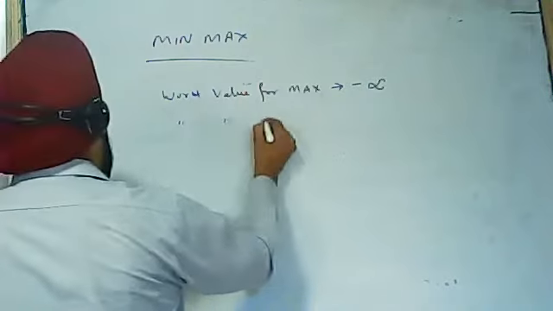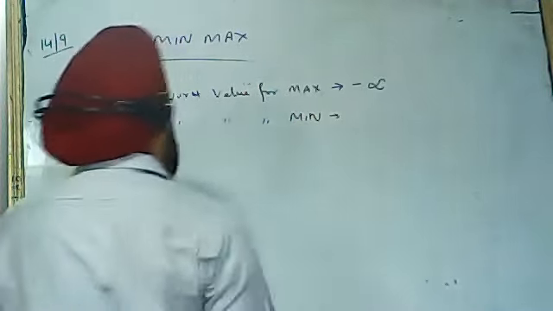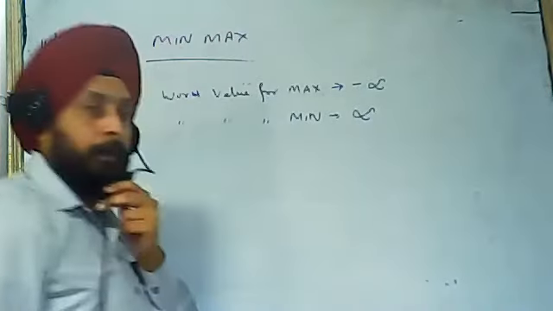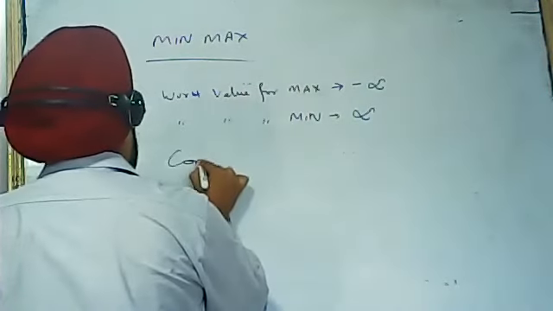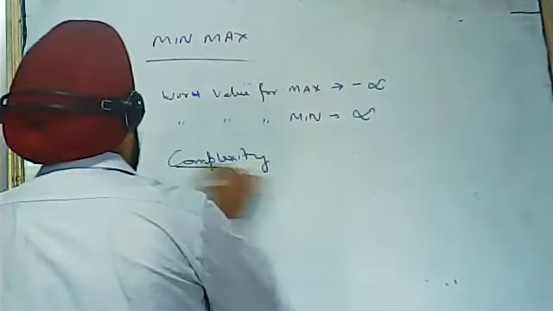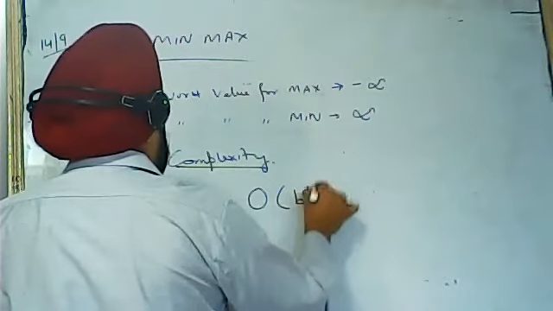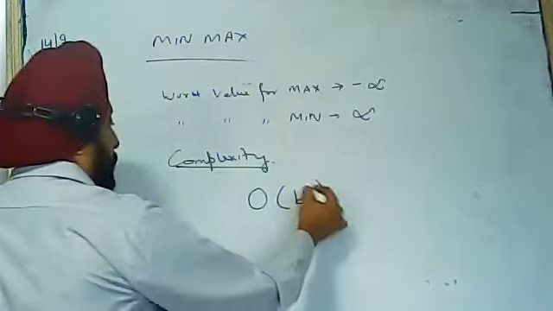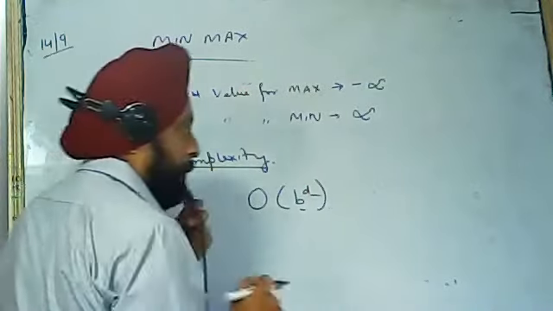The worst value for min is infinity. And the complexity of min max is of the order O(b^d), where b is the branching factor and d is the depth. So this is all about the min max.